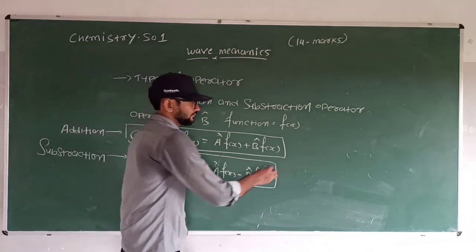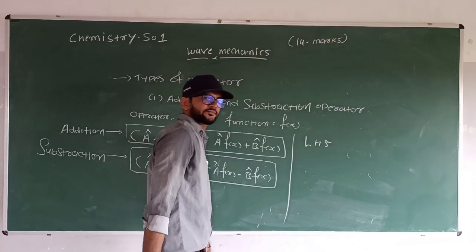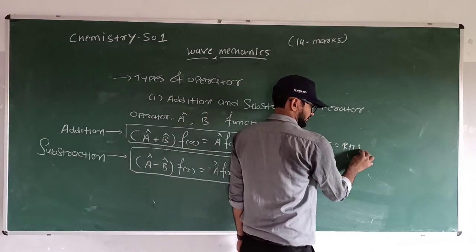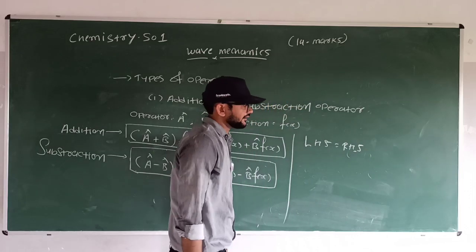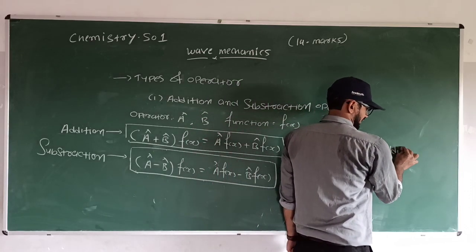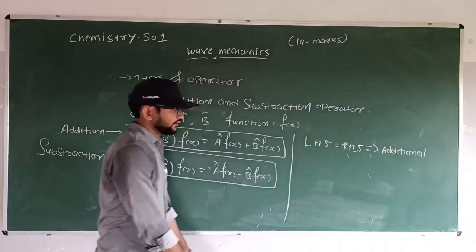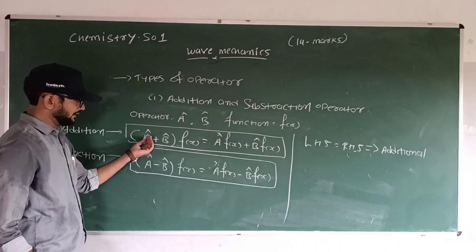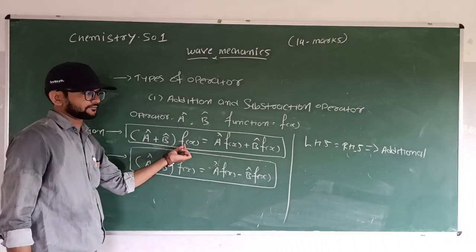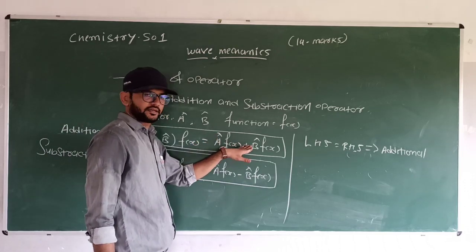While if the two operators do not follow this condition, then they are not additive. Suppose the value of the left hand side is equal to the right hand side, then both operators are additive, otherwise not. So the left hand side, bracket AK plus BK on fx, is equal to the right hand side AK fx plus BK fx.